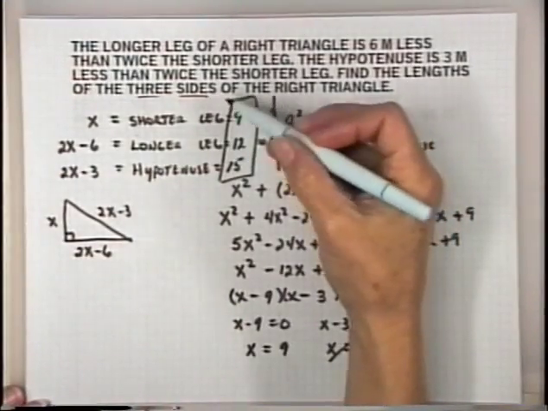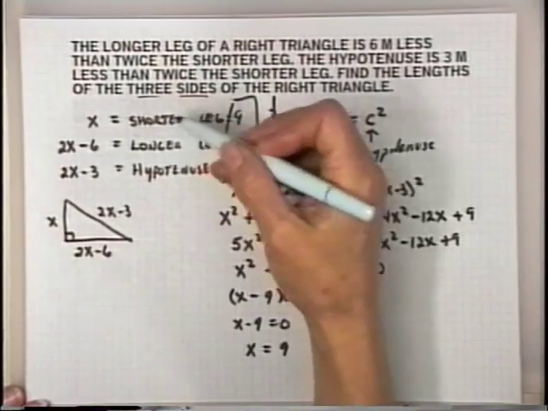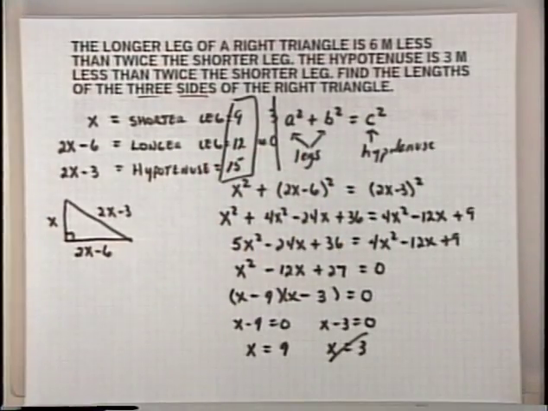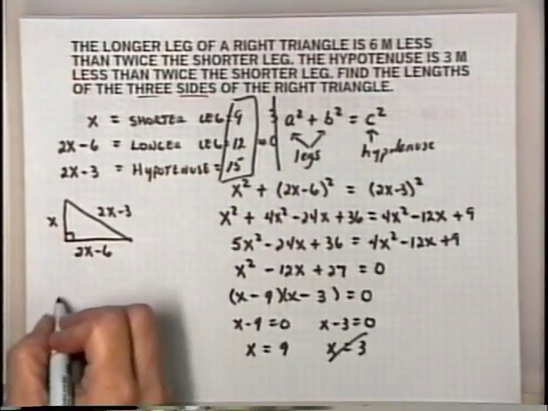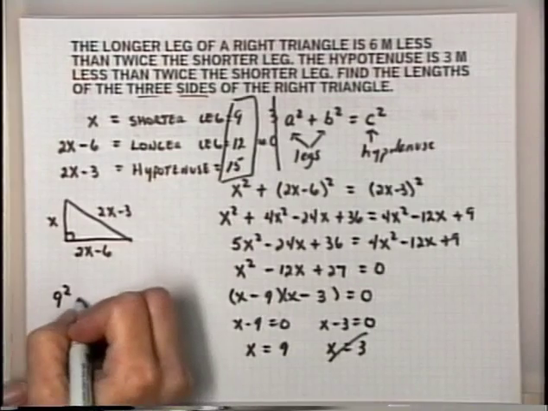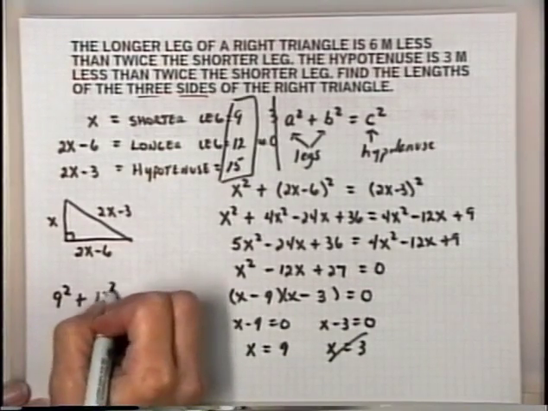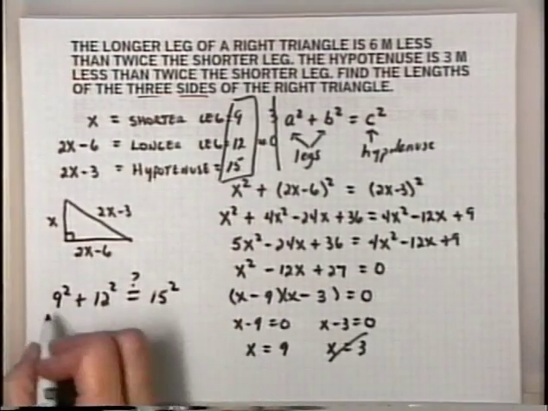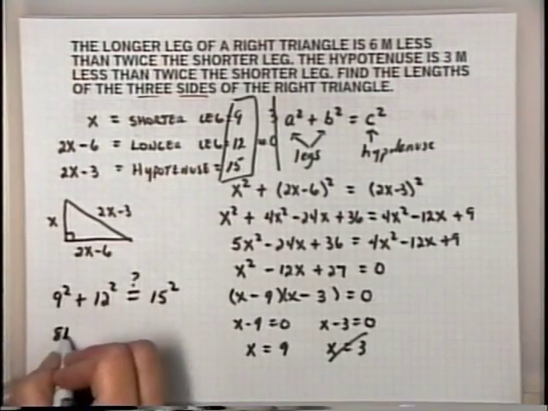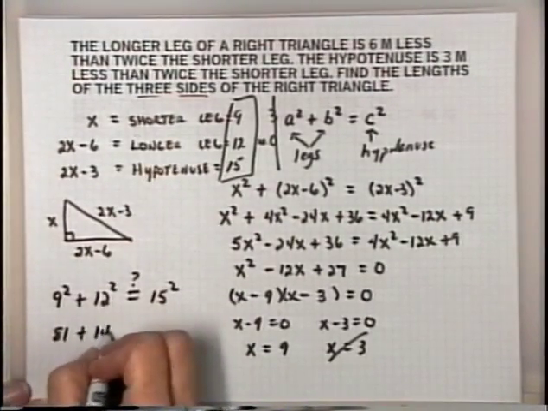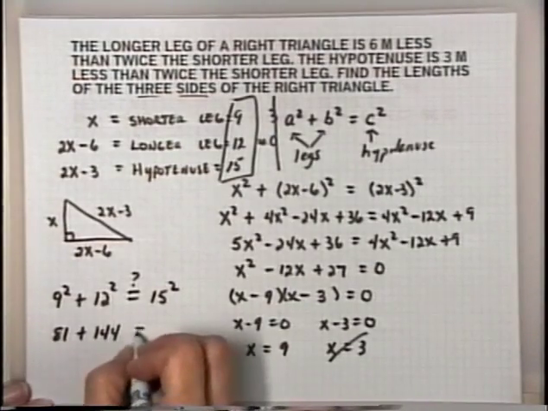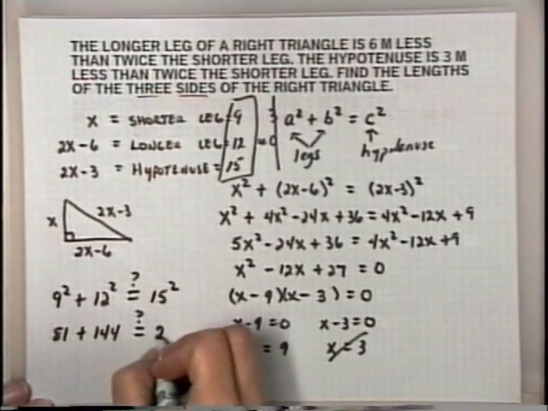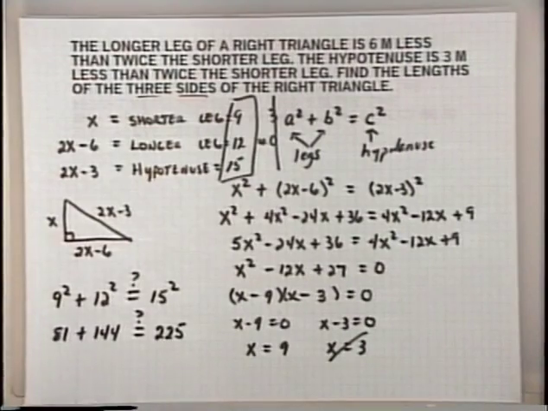These numbers fit our definition as given in terms of the relationship between the shorter leg, the longer leg, and the hypotenuse. Let's check to see if it does fit the Pythagorean theorem. Is 9 squared plus 12 squared equal 15 squared? 9 squared is 81. 12 squared is 144. 15 squared is 225.